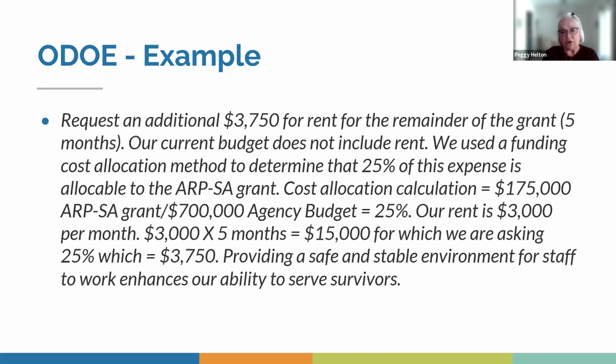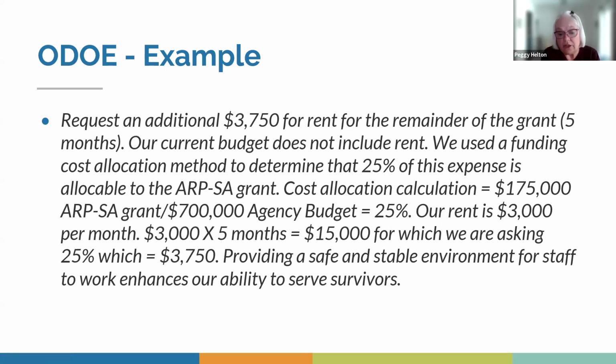And so your expenses that can be expensed out over all of your programming are that 25%. So if your rent is $3,000 per month, $3,000 times 5 months, which is what you're asking for, is $15,000, to which 25% would be $3,750.